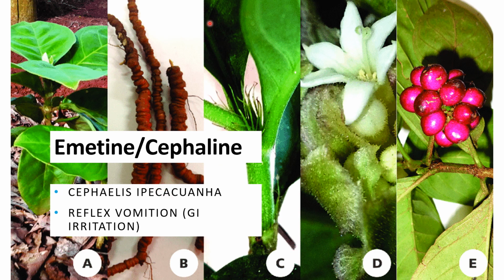Cephaeline is an alkaloid that induces vomiting by stimulating the stomach lining and is found in commercial products such as syrup of ipecac. Chemically, it is closely related to emetine. Emetine is a drug used as both antiprotozoal and to induce vomiting. It is produced from the ipecac root and it takes its name from its emetic properties.